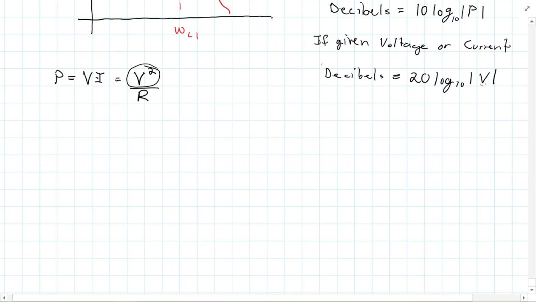If I'm defining decibels to be 10 log base 10 of P, it would make sense that we would define dB equaling 10 log base 10 of the magnitude of my voltage squared, because that's what you have to do to voltage in order to get power. But then a simple log property shows us that's just 20 log base 10 of the voltage.